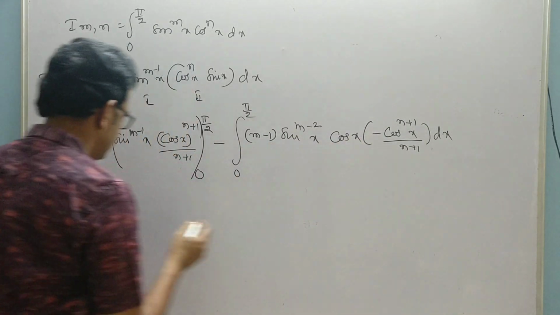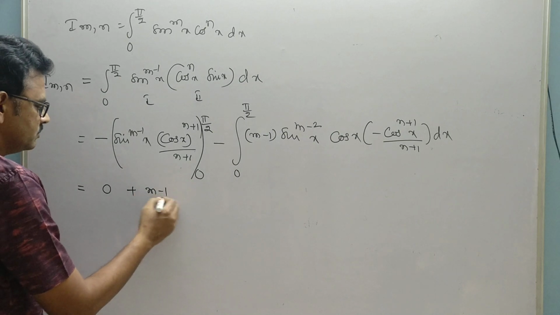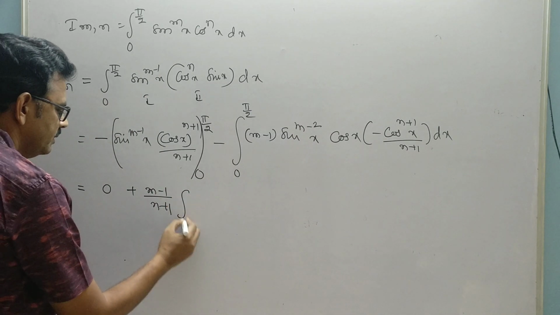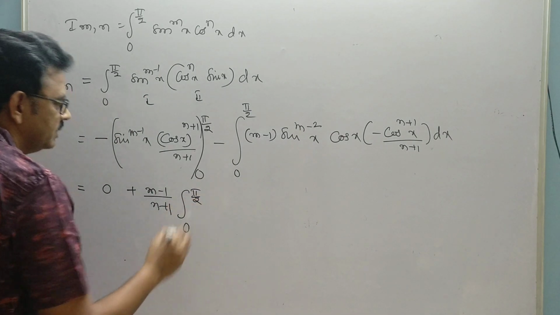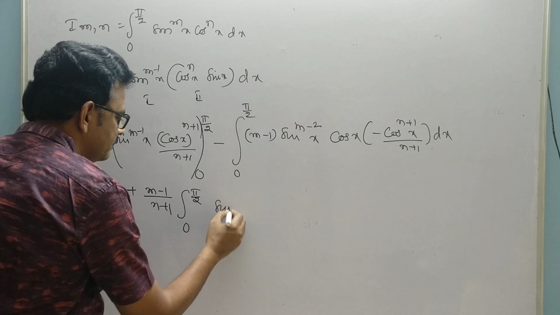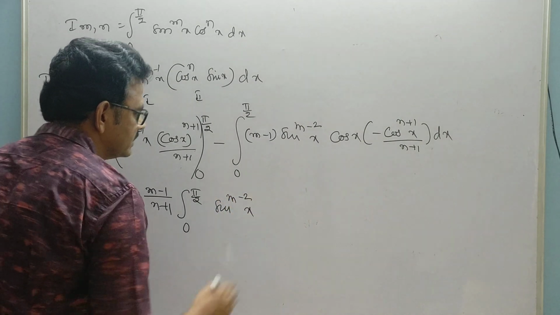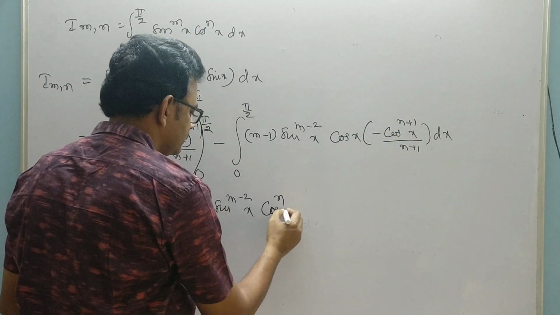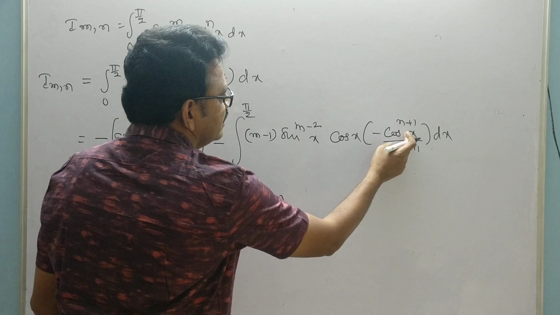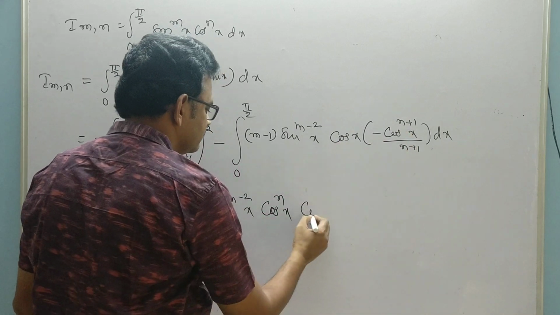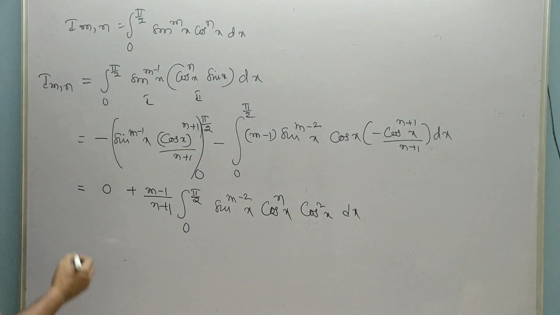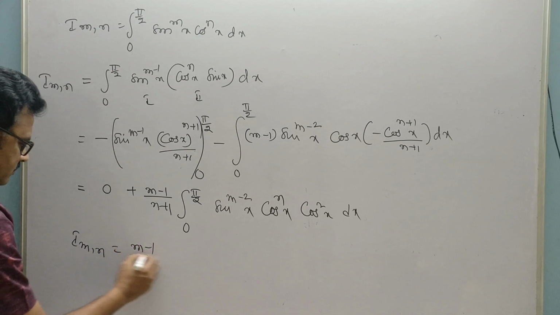Then plus m minus 1 by n plus 1, where n plus 1 is constant, integral 0 to pi by 2 of sin^(m-2)x cos^n x into cos x, and also here cos x, that is cos square x dx.